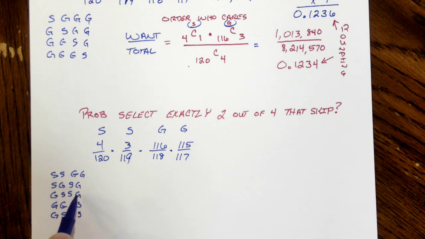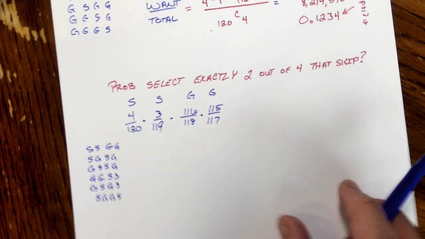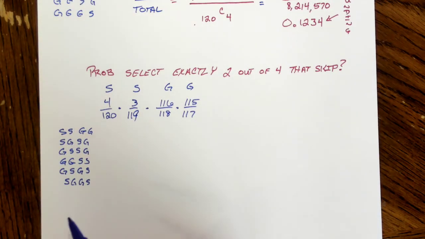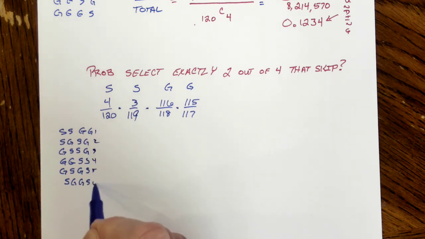And finally, we could go skip, good, good, skip. Our sample space as we get more things is going to get quite expansive. So we get 1, 2, 3, 4, 5, 6 ways.